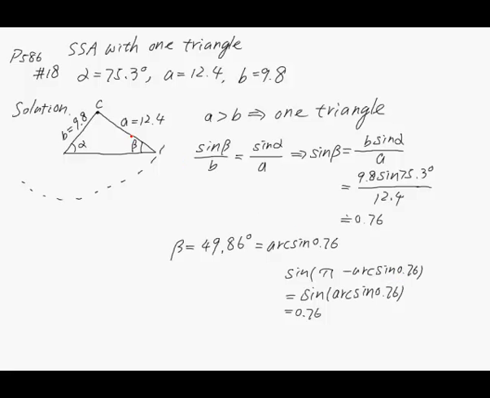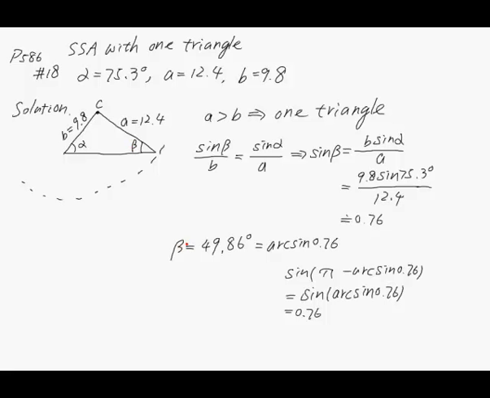You know, in a triangle, the angle opposite the shorter side must be smaller in degree measure. And if a is bigger than b, then alpha must be bigger than beta.